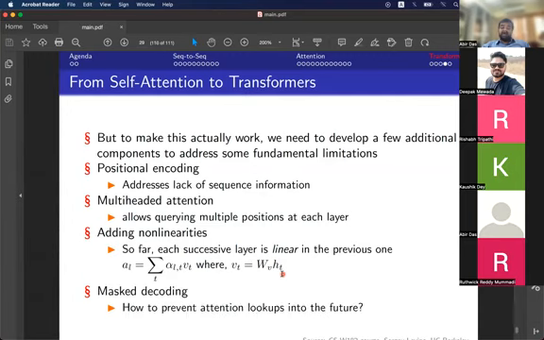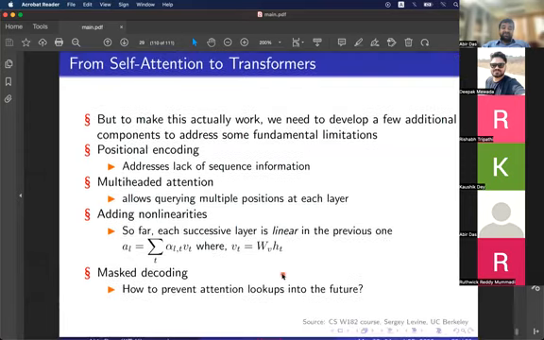And this is masked decoding, the last bit. How to prevent attention lookups in the future. This is related to the fact that you are giving all the inputs for decoding at once, X1, X2, X3. But when you are generating the output, if we don't do anything else, the output at time step 2 is also dependent on X3.